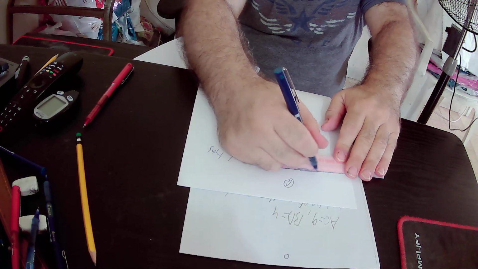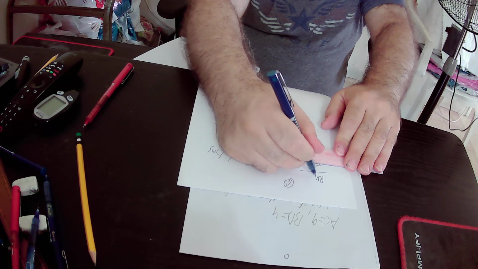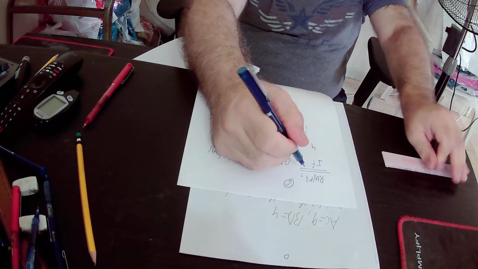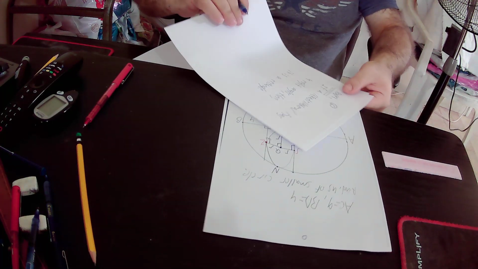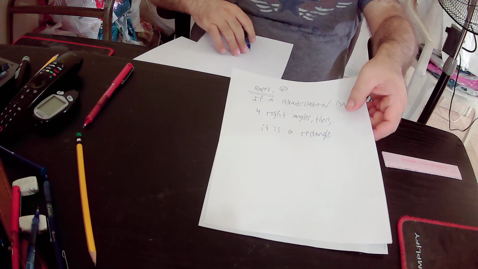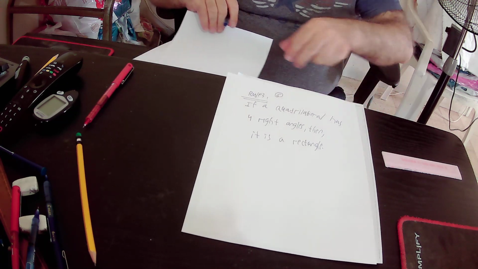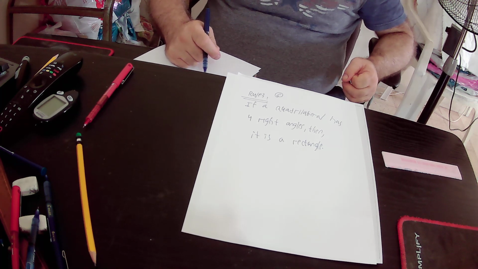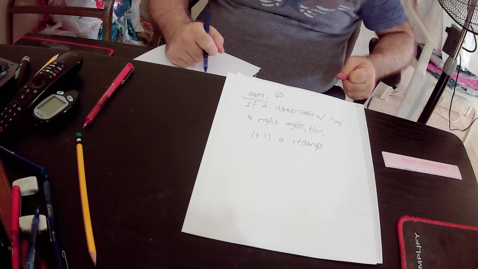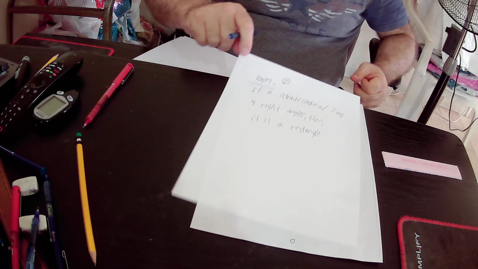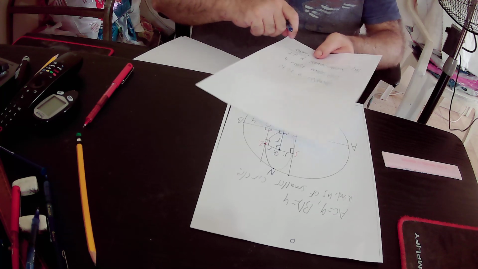Okay, so I'll read rule number 3 again. Rule number 3 states that if a quadrilateral has 4 right angles, then it is a rectangle.